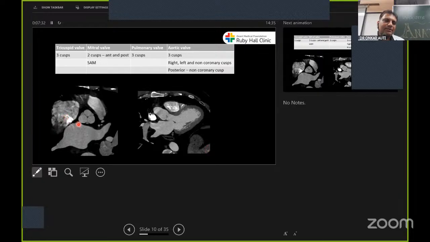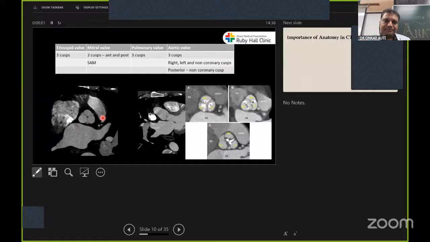So the cusp which is adjacent to the interatrial septum will be the non-coronary cusp. Okay, and then anterior to that will be the right coronary cusp, and this will be the left coronary cusp. So there are 3 cusps in the aortic valve. The nomenclature is based on the posterior-most cusp adjacent to the interatrial septum being named the non-coronary cusp, and then the right and left coronary cusps.